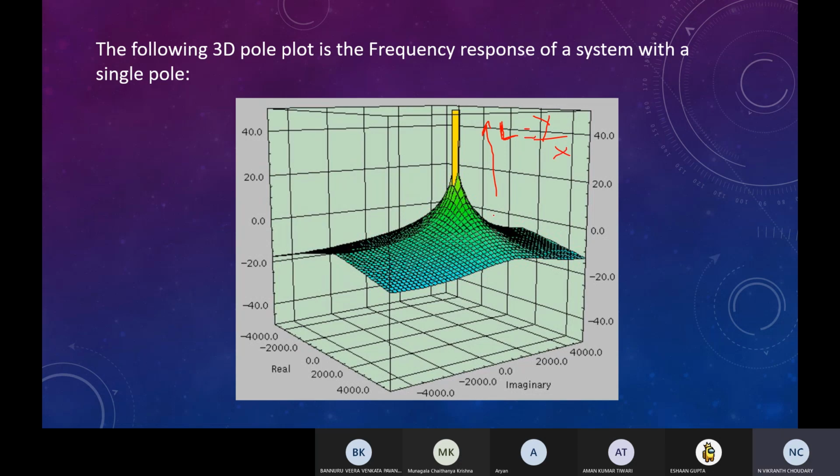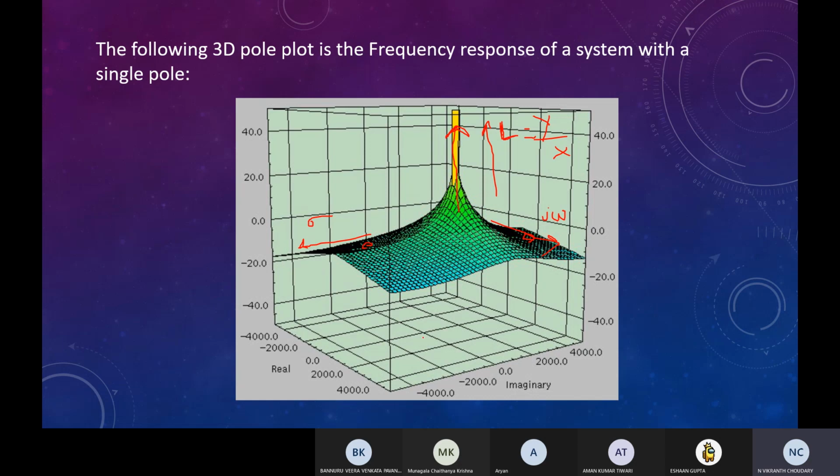And the other two axes are the s plane: this is the sigma axis and this is the j omega axis. When sigma plus j omega is the pole of the function, then the Laplace of that function will be infinity, undefined, and zeros can be found somewhere in between.